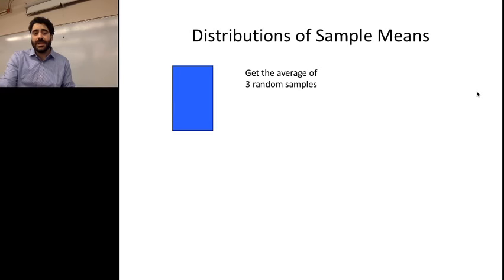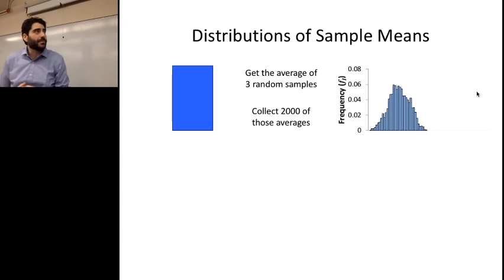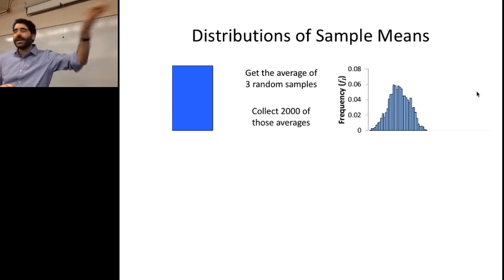And what we're going to do is then look at like 2,000 of these null data sets, right? So what we do is we take 3 draws from this uniform distribution. We take the mean of those 3 numbers, and then we repeat this 2,000 times. So we end up with 2,000 means, and you'll get something that looks like this, right? So the mean is usually around like 0.5. Sometimes it's close to 0 and 1, right? But it's like usually somewhere in the middle.